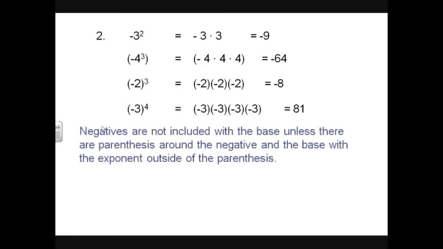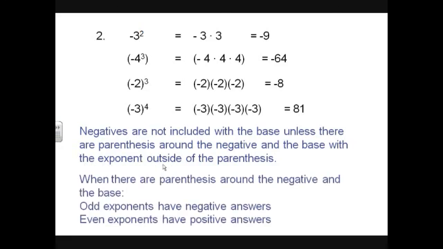So the rule that's made by this is negatives are not included with the base unless there are parentheses around the negative and the base with the exponent outside of the parentheses. Then the second part to this is when there are parentheses around the negative and the base, odd exponents have negative answers and even exponents have positive answers. Now going back up to the first part of this rule is that the exponent has to be outside of the parentheses.